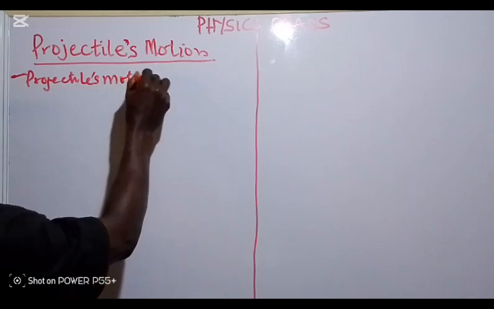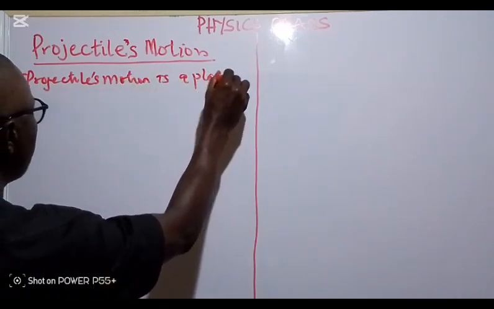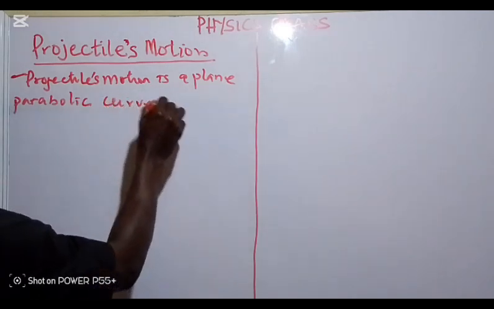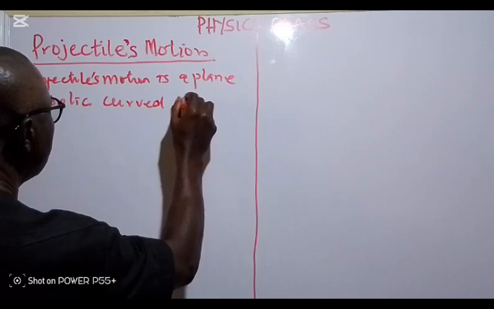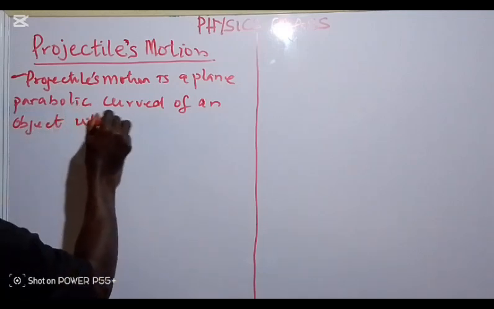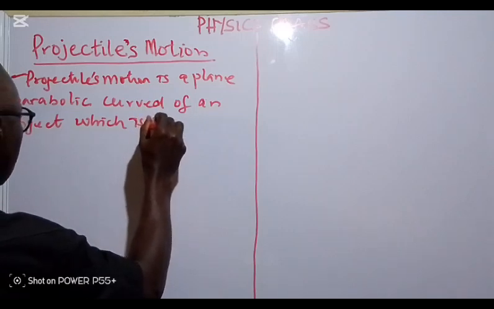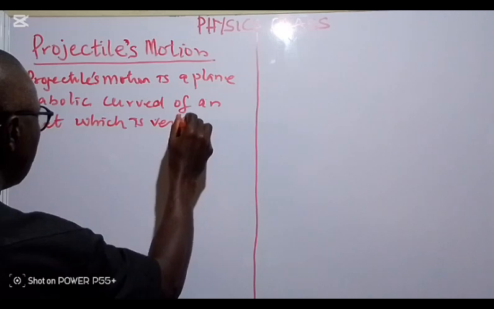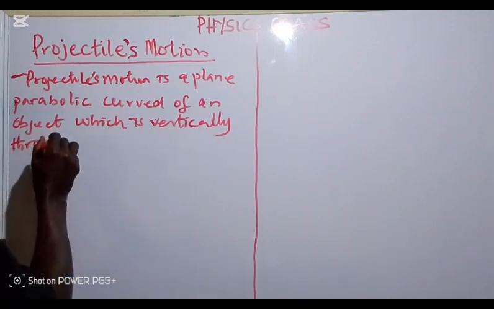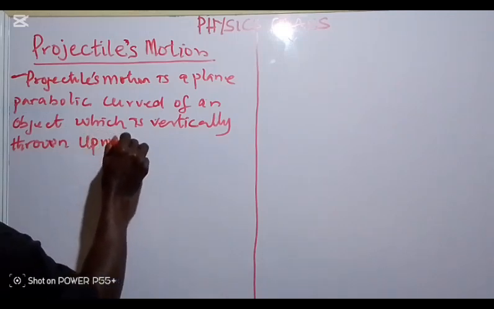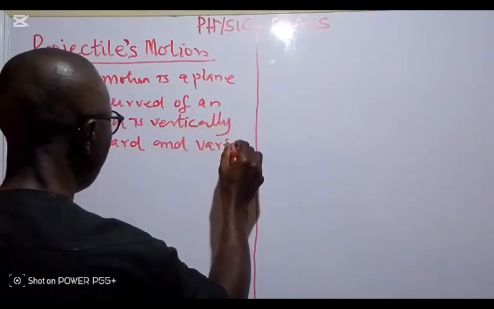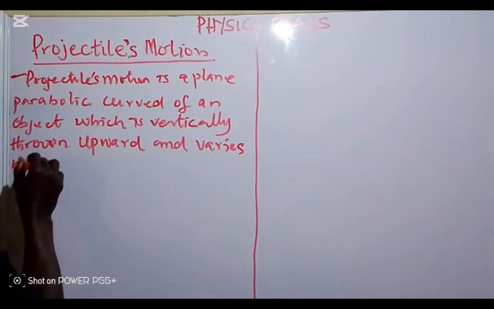Projectile motion is a plane parabolic curve of an object which is vertically thrown upward and varies with time.